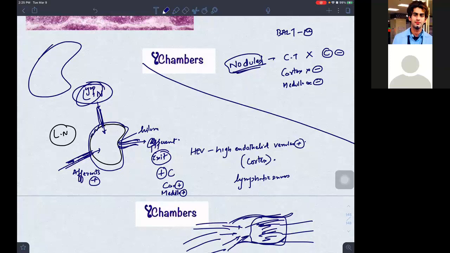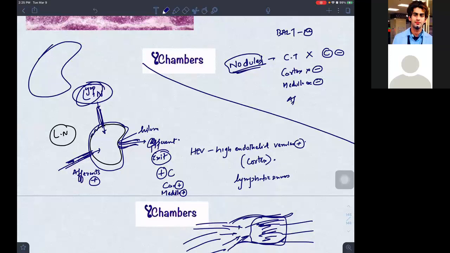I will tell at the end what is a characteristic feature of this lymphatic nodule. First, giving a comparison, we differentiate them on the basis of histology. Did you see any afferent? No afferent, sir.